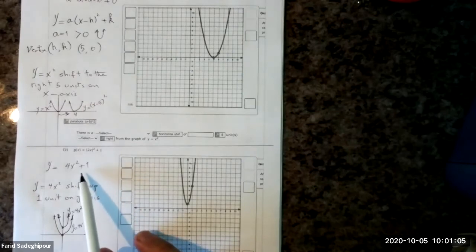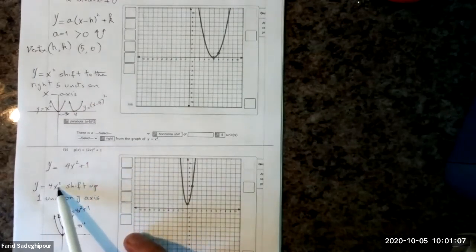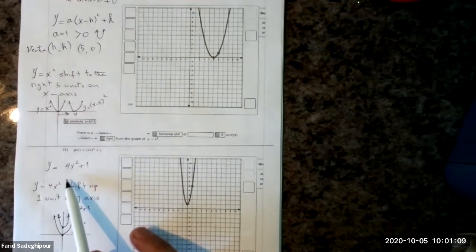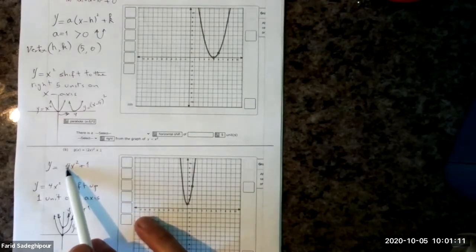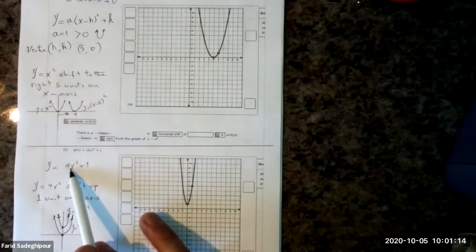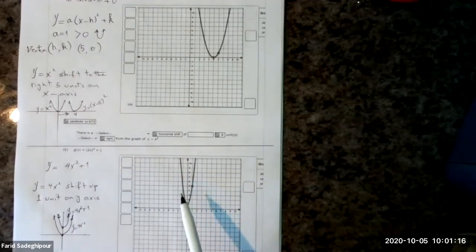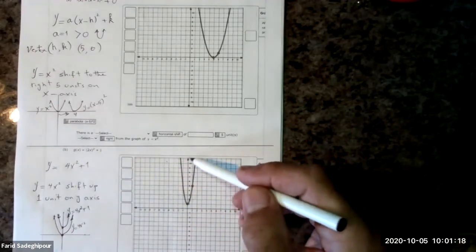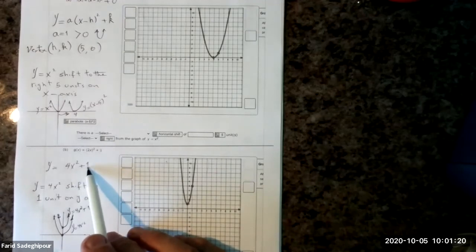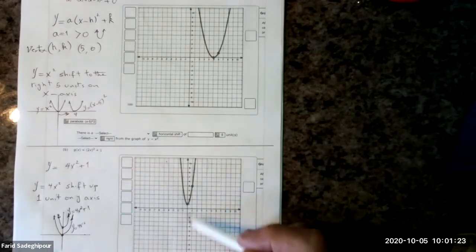What's the difference between x squared and 4x squared? It's just kind of skinnier, right? Remember we had the first one. When this number in front of x squared is greater than 1, then its graph is skinnier than x squared. Like if x squared is like that, this is skinnier. But then plus 1, that means you shifted up.